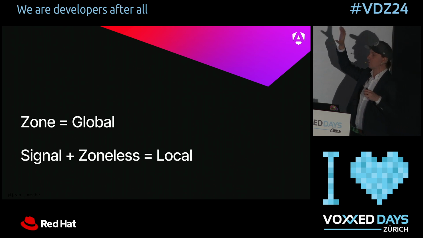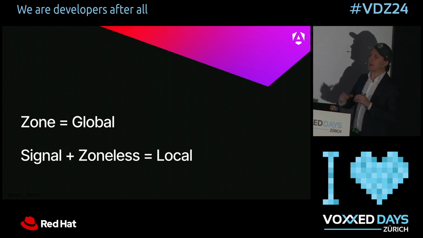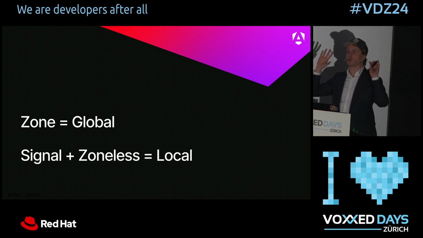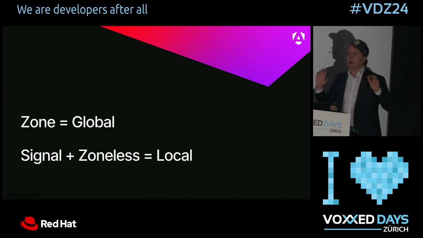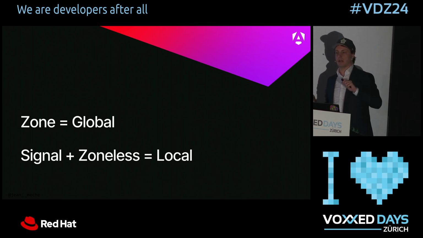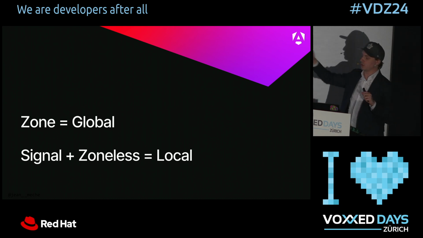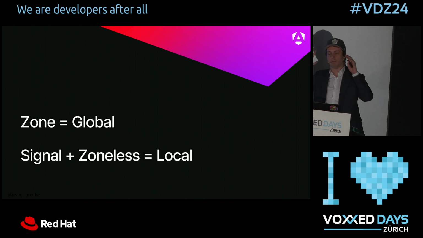With Zone, we had what we called global state, global knowledge, global change detection. With going zoneless and with the new signals, and like I showed you, the signal graph, we will be able to handle things more locally.